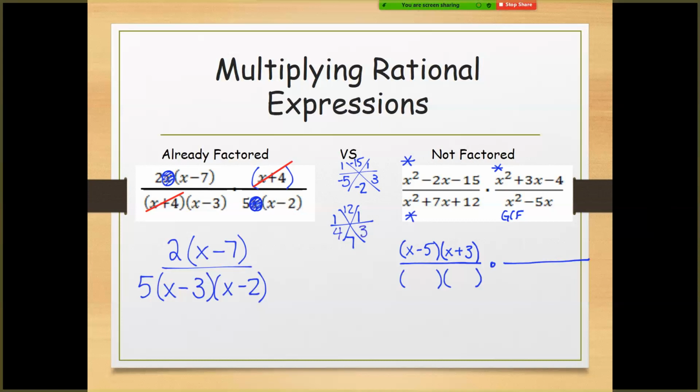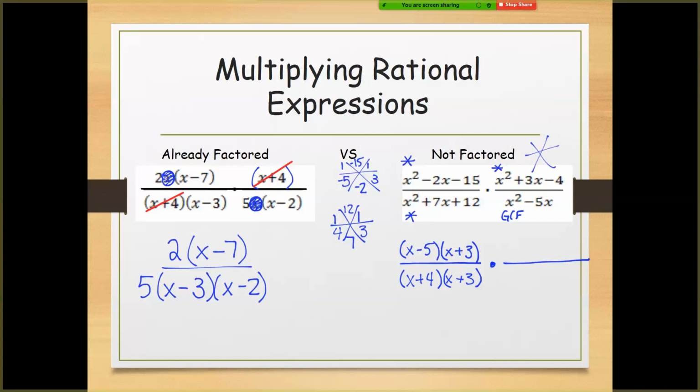Those 2 numbers are going to be 4 and 3. 4 times 3 is 12. 4 plus 3 is 7. So they multiply to give us 12, add to give us 7. So in my fraction, I'm going to have x plus 4, x plus 3. Again, order doesn't matter as long as you have them both.